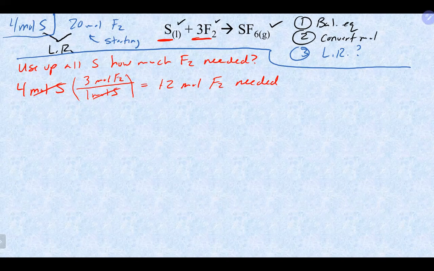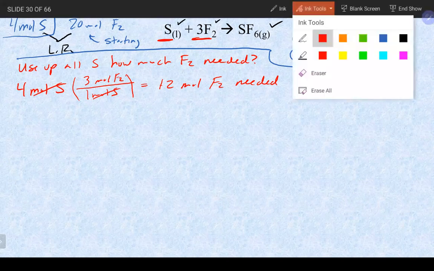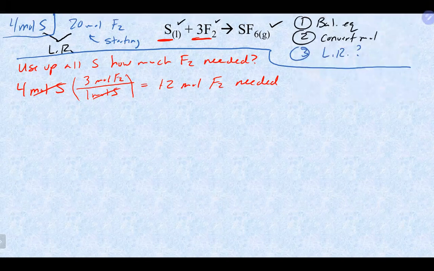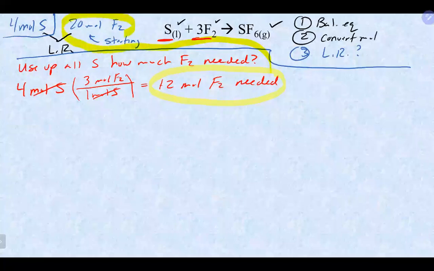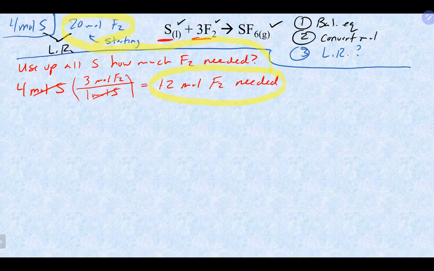Now, the important part is that this is how many moles of F2 I need to use up all my sulfur. I then want to compare it to how many moles of F2 I am starting with. I need 12 moles to use up all the sulfur. I am starting with 20 moles. Do I have enough?